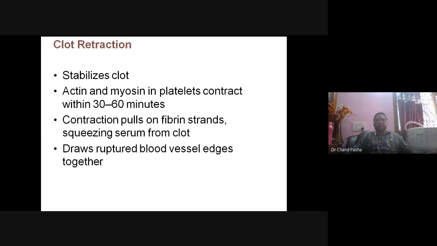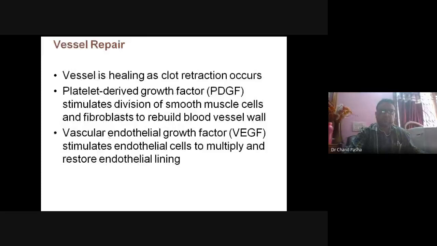Then the contraction of fibrin starts squeezing serum from the clot and draws the ruptured blood vessel edges together. Then the clot size increases, which will lead to stopping the flow.